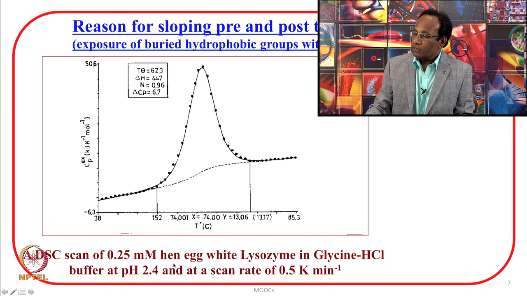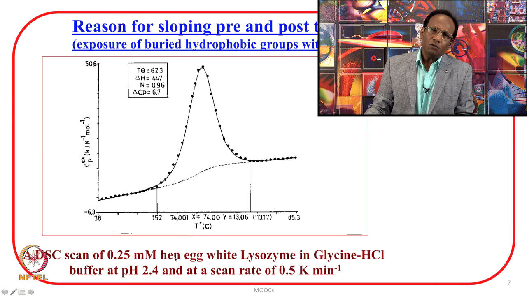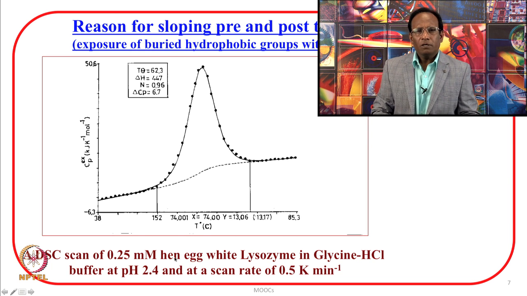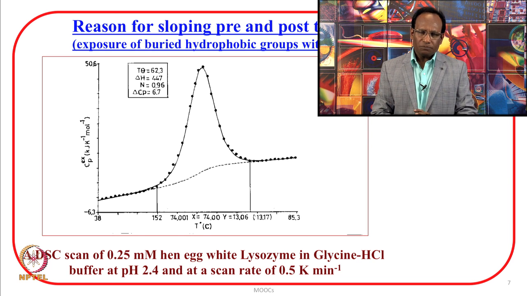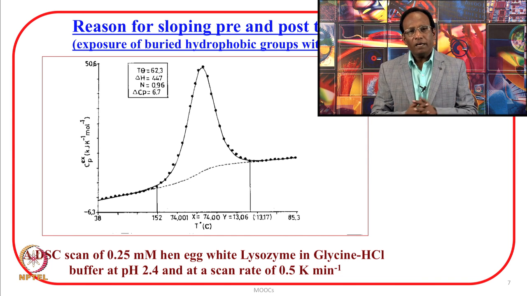And let me give some more information: this hen egg white lysozyme transition has usually been observed to be calorimetrically reversible in nature. What I mean is, if you cool it down and reheat, one will again get the same transition back.